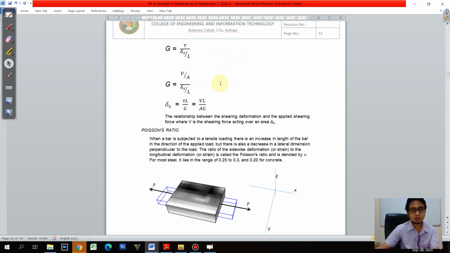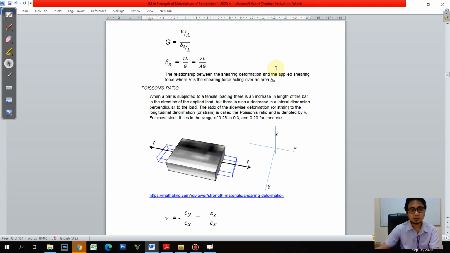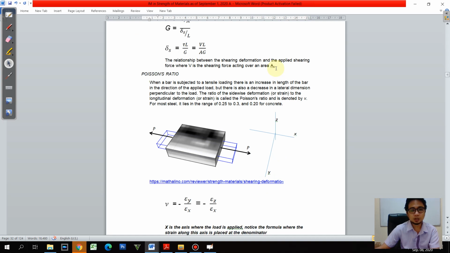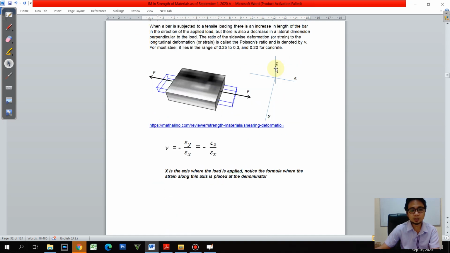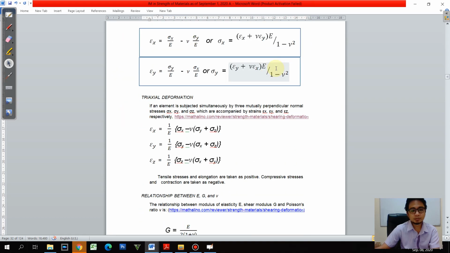Okay? So instead na P, we'll use the shearing V. Imbis na E, we'll use the modulus of rigidity G. Okay, so as simple as that.